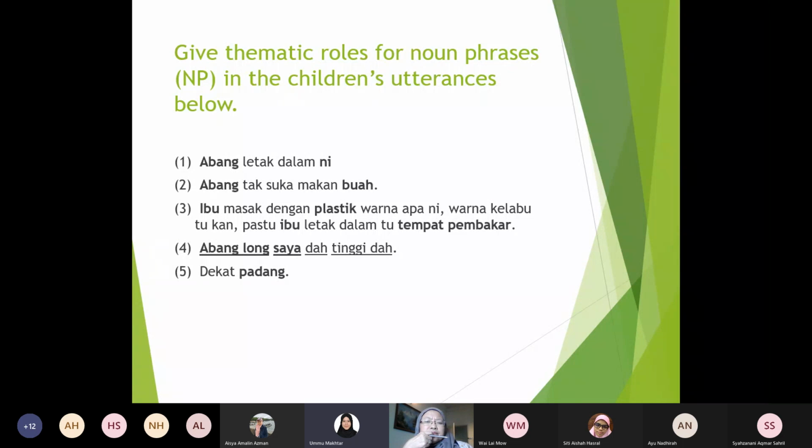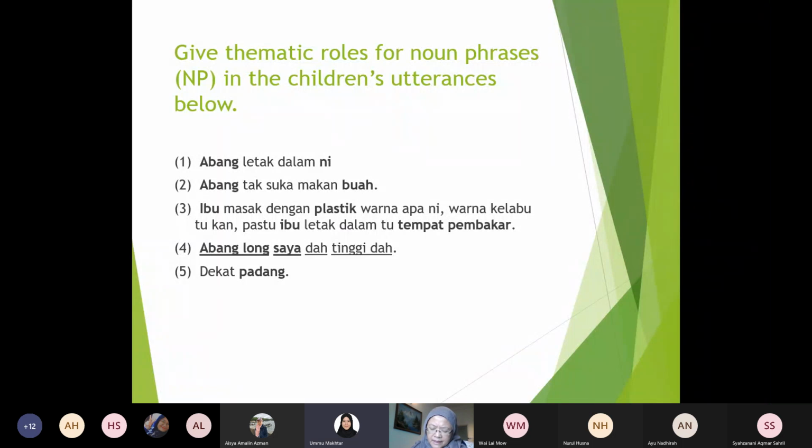For me, saya is agent, but Abang Long is the recipient. The recipient of the idea or the comment. Sebab saya is talking, but Abang Long is the recipient of the comment.